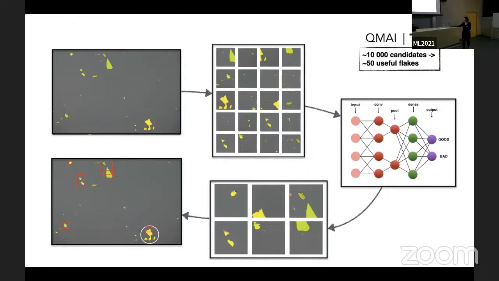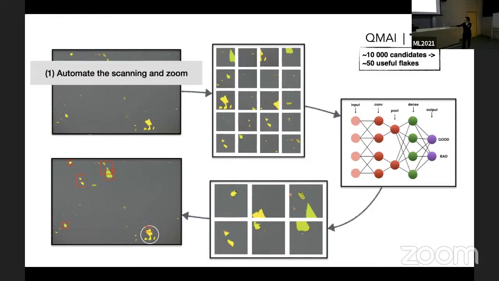So the whole process works something like this. The microscope is moving, and at each position it takes a picture like this one. Then we run the pre-processing algorithm, which in our case was this standard deviation filter and this cutting out of the windows, because another thing you need to think about is standardization of your training set.